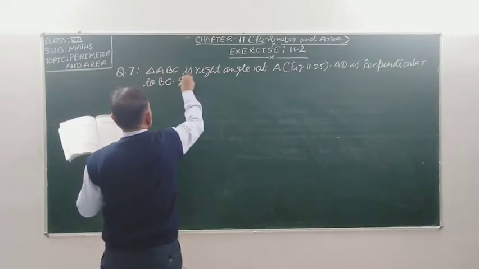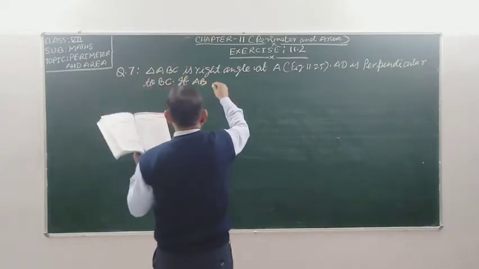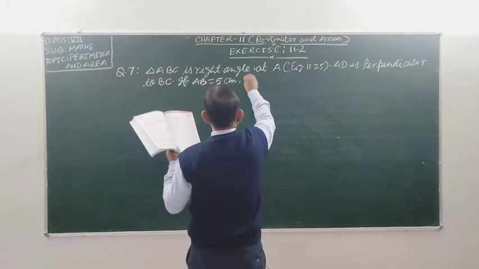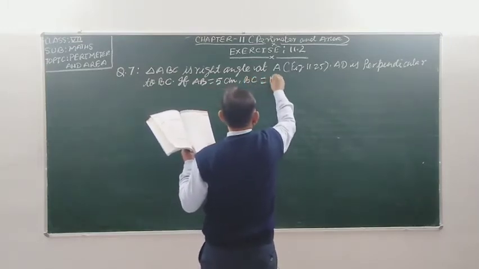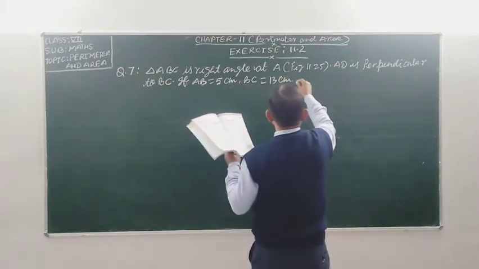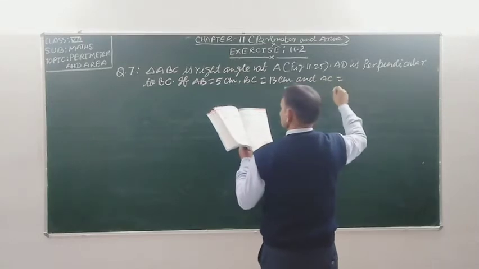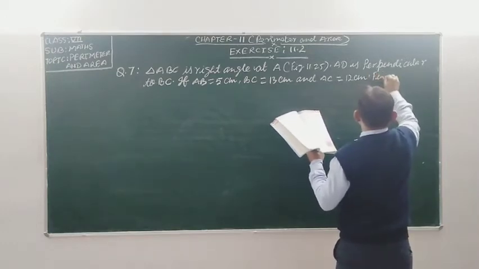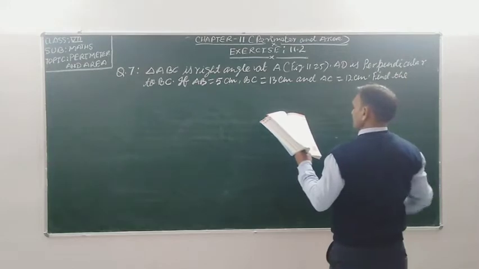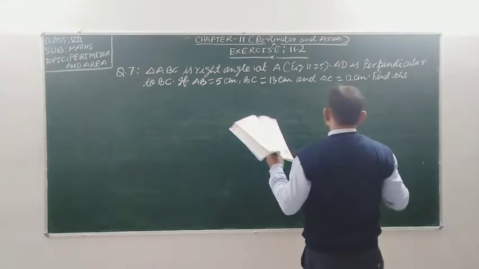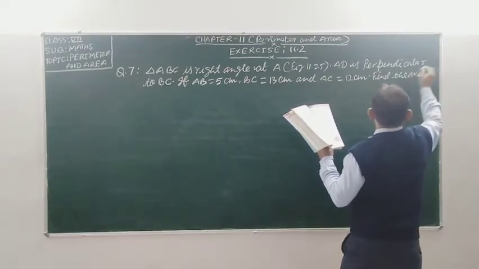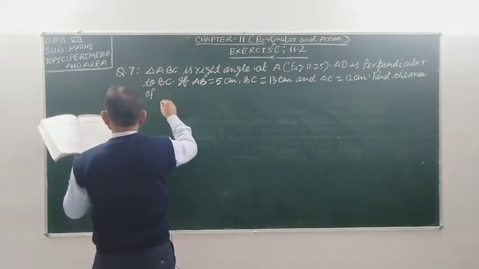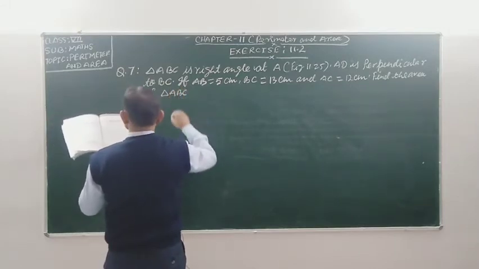If AB is equal to 5 centimeter, BC is equal to 13 centimeter, and AC is equal to 12 centimeter, the question is asking me to find the area of triangle ABC.